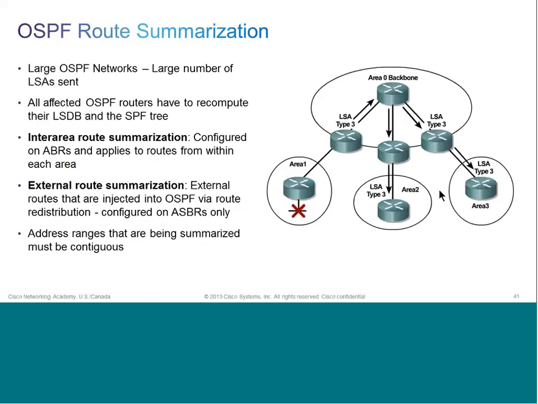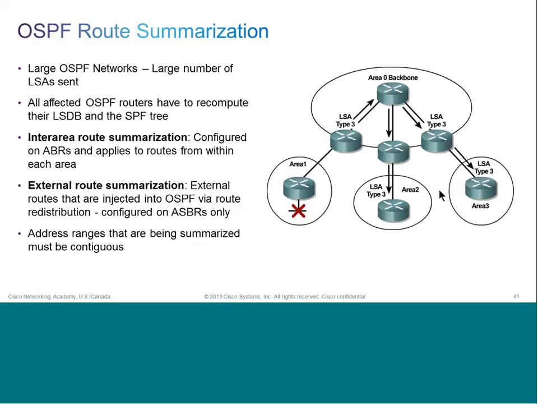Summarization helps keep routing tables small. It involves consolidating multiple routes into a single advertisement, which can then be propagated into the backbone router area. Normally, Type 1 and Type 2 link state advertisements are generated inside each area. So in each area, you're going to have Type 1 and Type 2 LSAs.